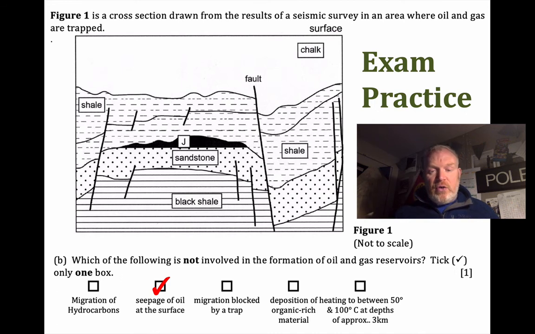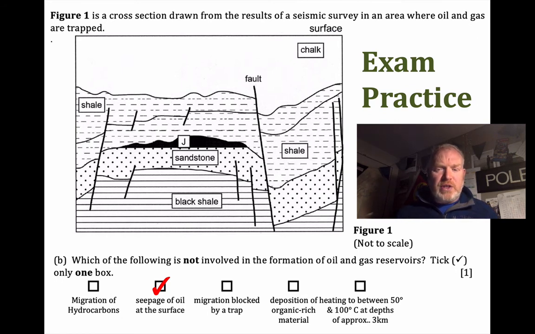We need the organic material to be deposited to act as our source rock for our oil. And finally, we do need this organic material to be heated up to lowish temperatures, but it needs to start breaking down the hydrocarbons to make the shorter oil and gas hydrocarbon chains that make them useful and valuable.